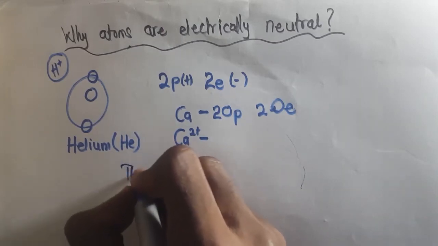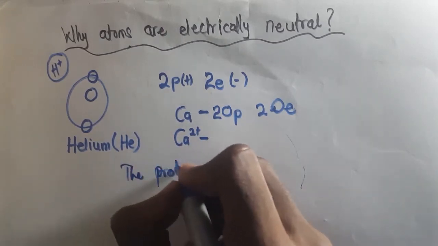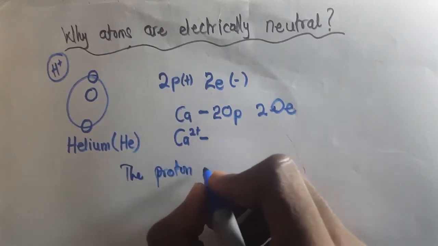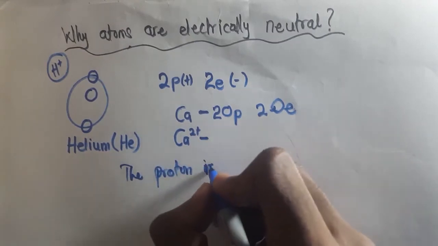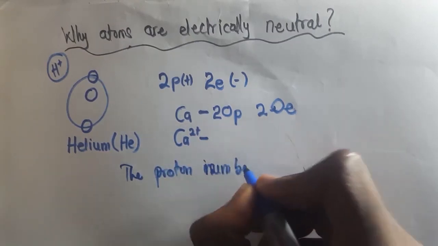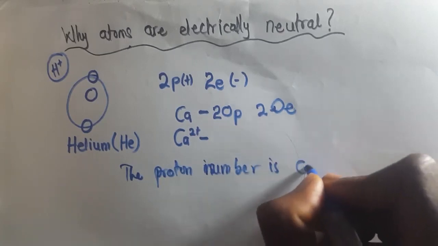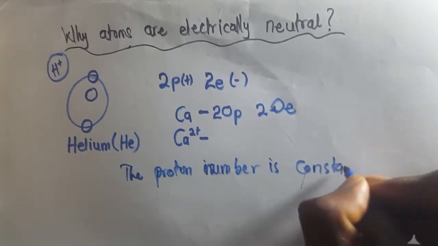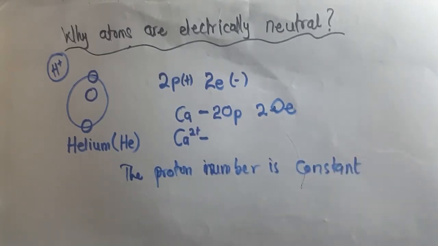The proton number of an atom is constant. It never changes. So if there is any change, the change should affect the number of electrons or the number of neutrons. Proton number is always the same for a particular element.